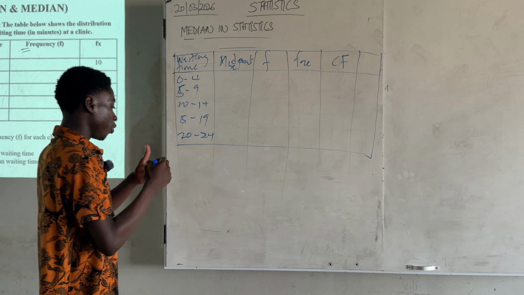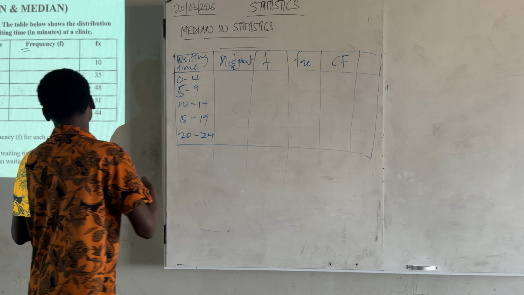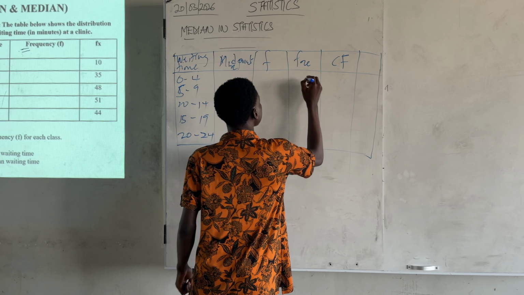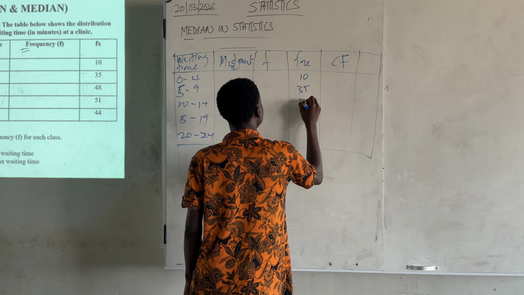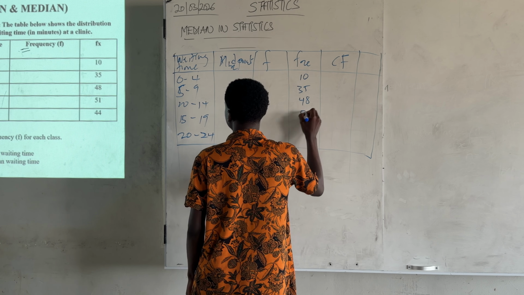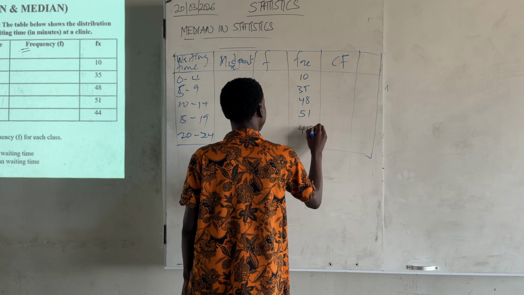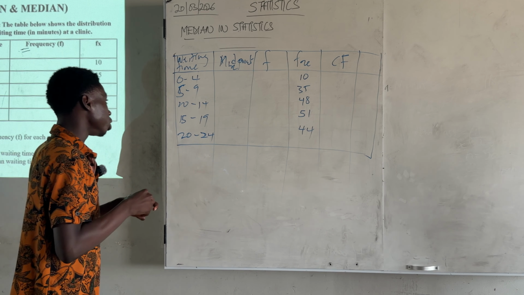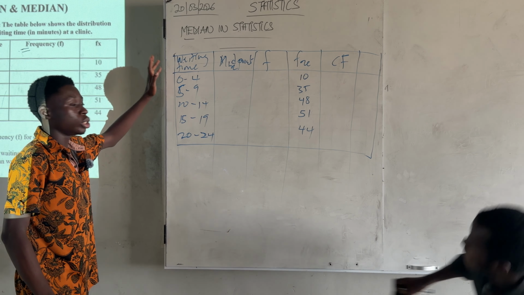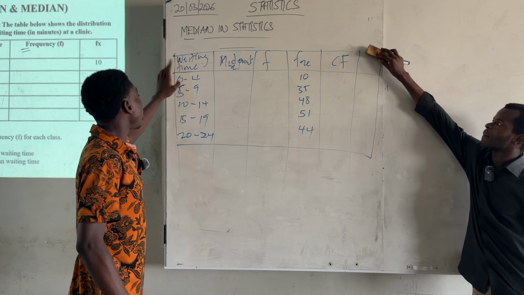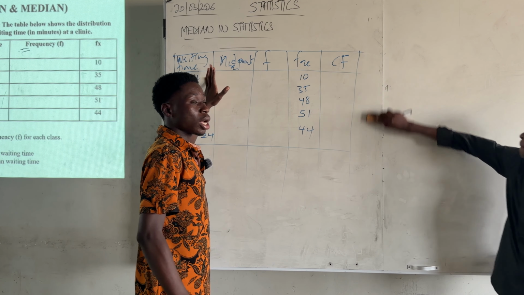So we are coming to find the midpoint. Before you can find the midpoint, you have to add the lower limit plus the upper limit.